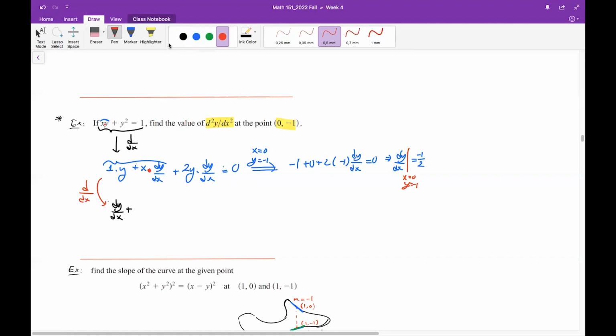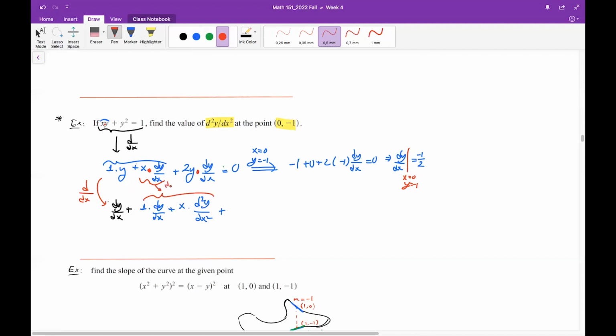This is a product function. We will apply product rule. Let's apply it. Derivative of the first function times the second function plus first function stays the same times the derivative of this second function. So you see, this is the second derivative of y now. Then if you keep moving like that, still you have a product here.